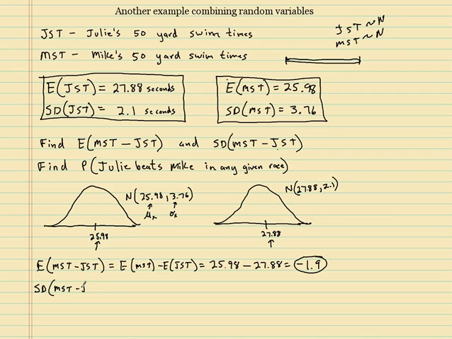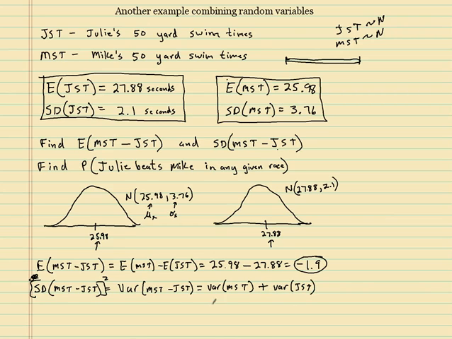Now for MST minus JST, we have to find the variance first. So the variance of MST minus JST equals the variance of MST plus the variance of JST.